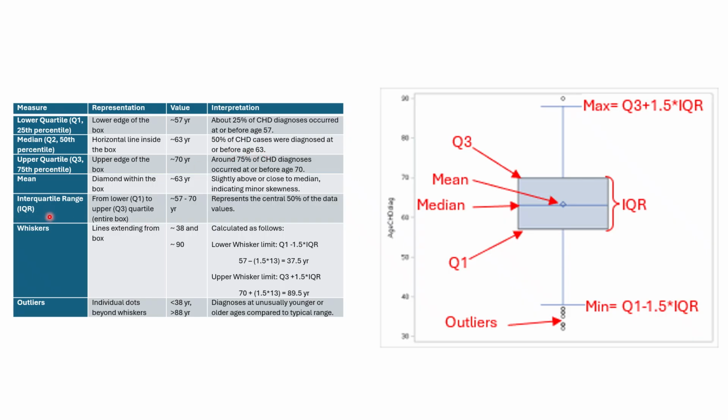Now we talked about interquartile range, which is simply the value at 75 minus the value at 25. Okay, from lower quartile Q1 to upper quartile Q3. Okay, and which is 57 to 70. That represents the central 50% of all the data values, right?